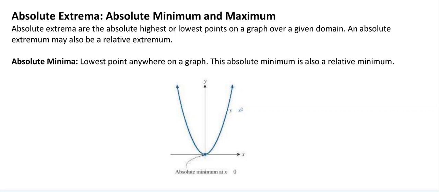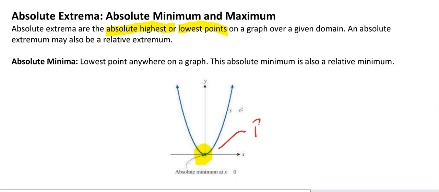So absolute extrema are the absolute highest or lowest points on a graph. The absolute highest or lowest, not relative to a certain area, but the absolute highest or lowest. So here we have a point on the graph, which is clearly a relative extrema because it is the lowest point on this graph in this relatively small area, but it is also the absolute smallest point or lowest point on the graph.